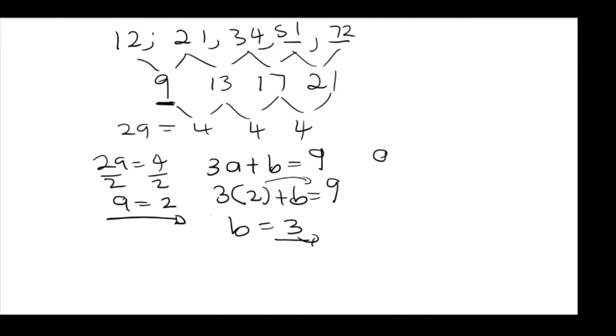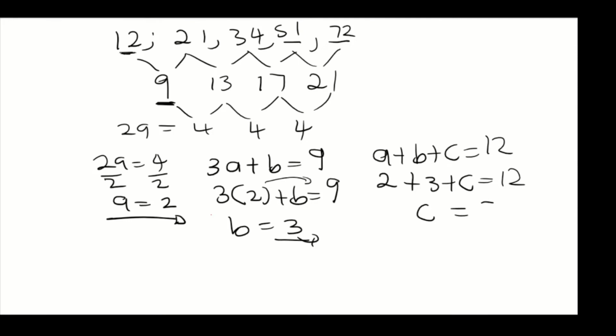Then a plus b plus c is equal to the first term of the quadratic pattern, which is 12. Our a is 2, plus our b is 3, plus c is equal to 12. We add the 2 and the 3 to get 5, transpose to the other side, and you get c equal to 7.